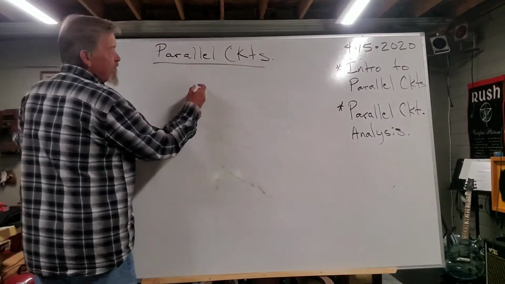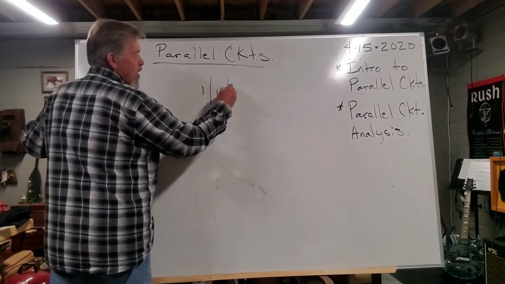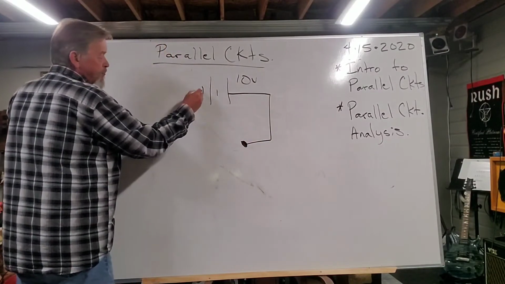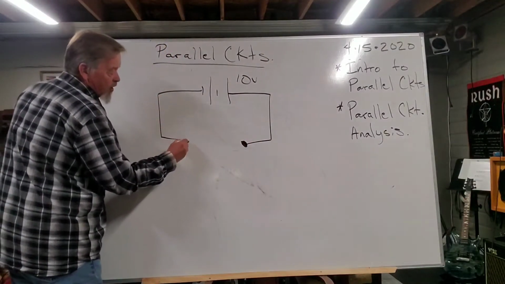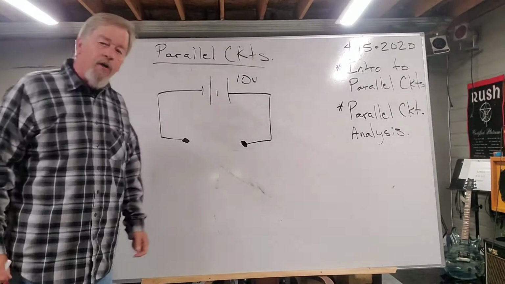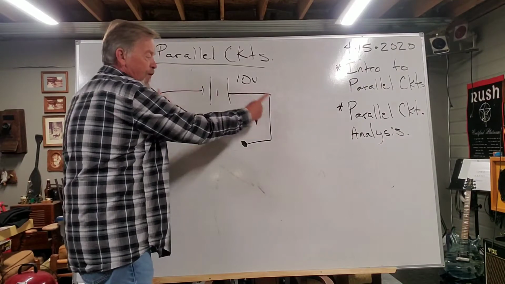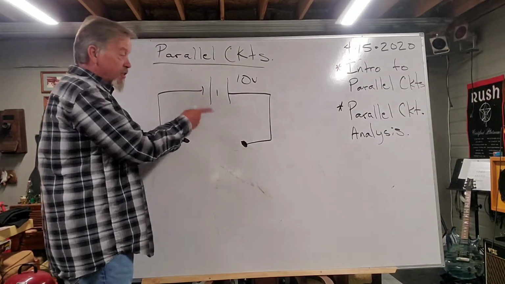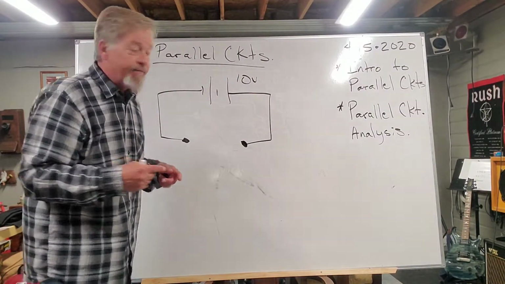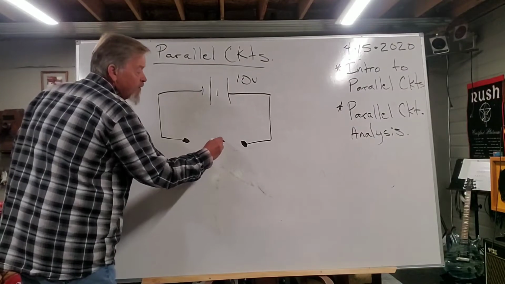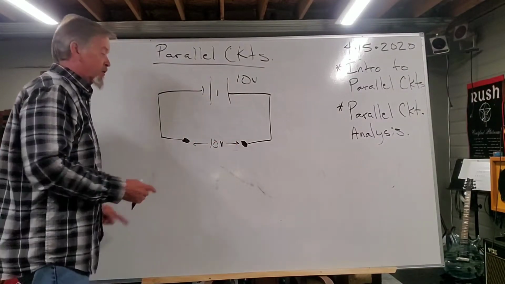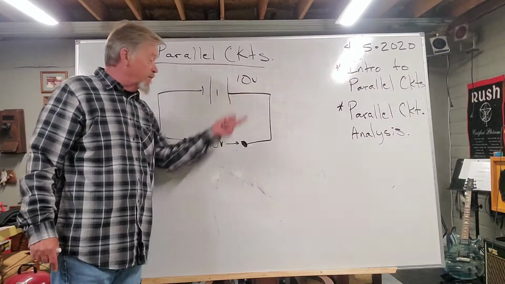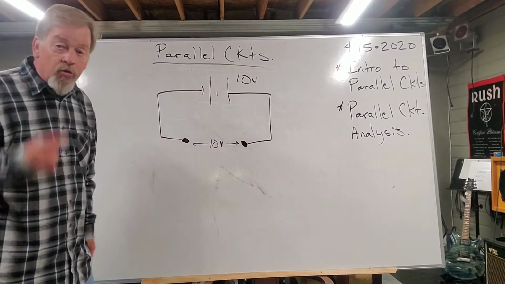So if I have a source, we'll say it's a 10 volt source, and that 10 volt source comes out to here, and the negative side of that source comes out to here. If I've got 10 volts applied from that source, how much voltage will I have at these 2 points? Well, voltage is the difference between 2 points. I'm going to have the same voltage. I'm going to have 10 volts between these 2 points. These 2 points are connected directly to my source. So my source is 10 volts. I'm going to have the 10 volts between those 2 points.